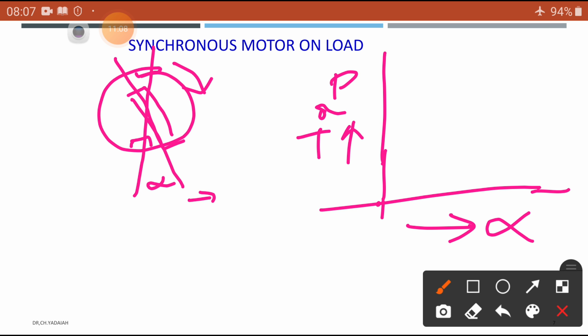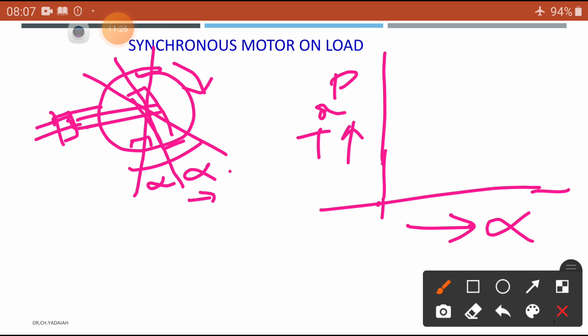Let us assume the load on the motor is increased further. Then what will happen? The rotor further increases its alpha. Instead of alpha 1, we are going to increase it further, then alpha 2 increases.